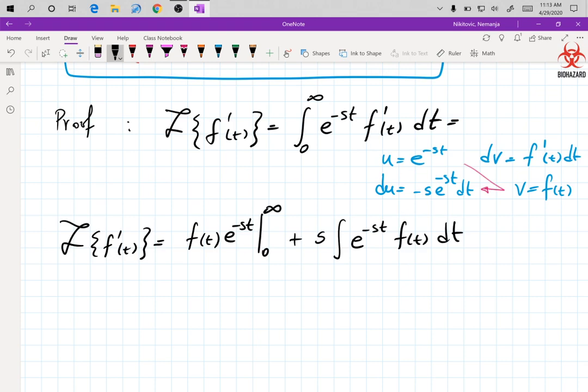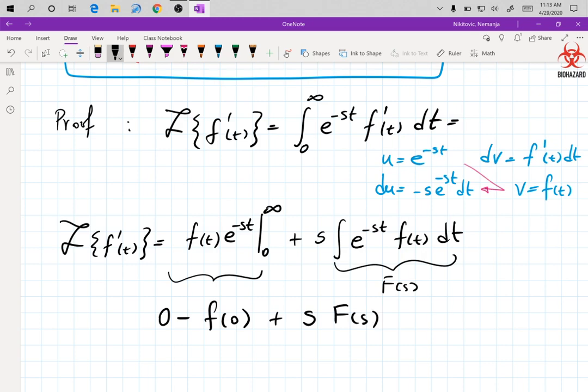So this piece becomes 0 minus f of 0, and then plus s times this whole thing, which is your F of s. When you rearrange, you get s F of s minus f of 0. This f of 0 is your initial condition, which is why you cannot transform these problems without initial conditions. You absolutely must have that.